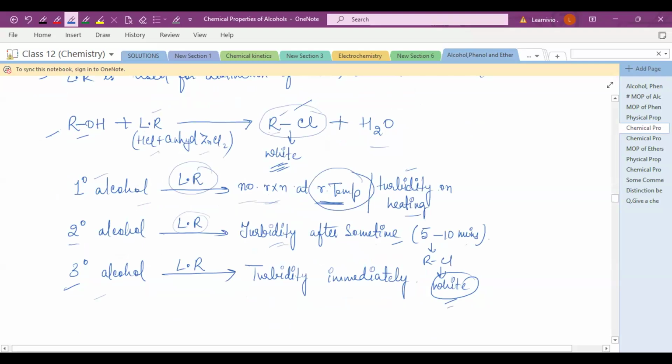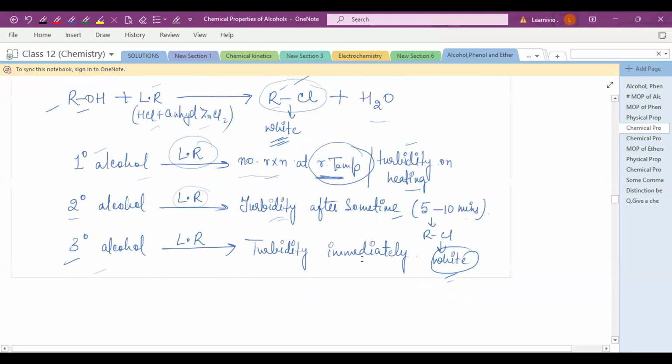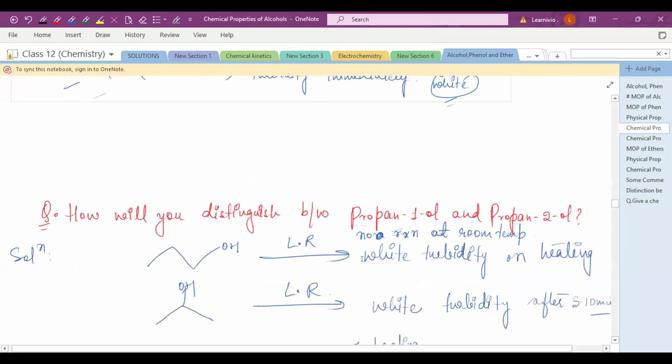So it confirms that this is a secondary alcohol and that is a primary alcohol. So you can distinguish pentan-1-ol and pentan-2-ol by the Lucas test. The primary alcohol gives a negative Lucas test at room temperature, but the secondary alcohol gives a positive Lucas test after 5 to 10 minutes. Clear?